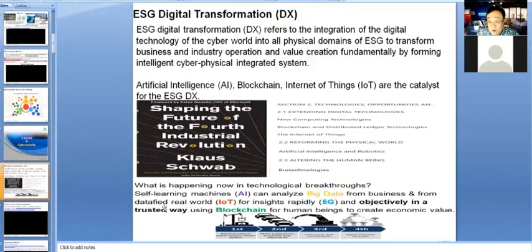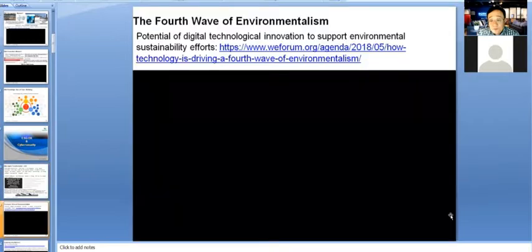This is one reference definition of the fourth industrial revolution. And what will be related to ESG? For example, this is a video the World Economic Forum proposed.